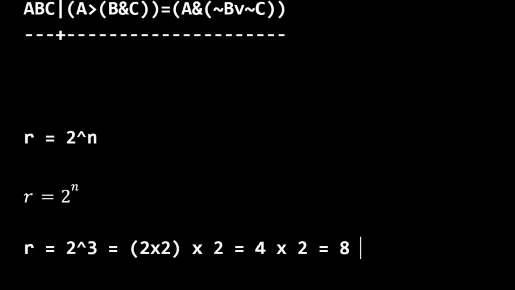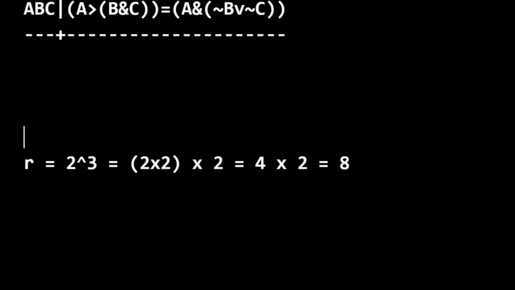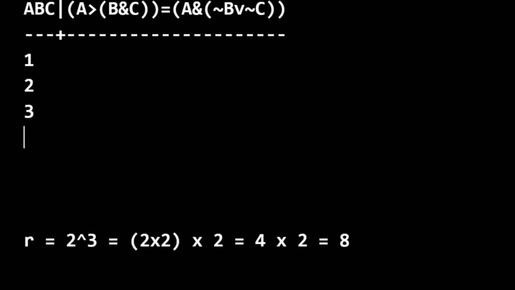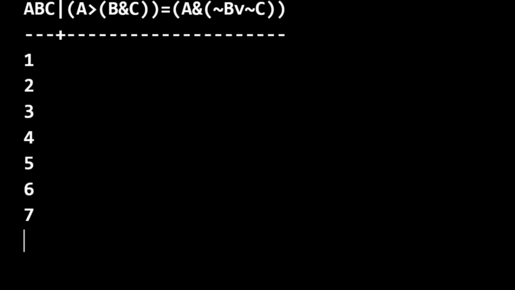All right. So we know from this formula that this truth table needs 8 rows. So let's go ahead and list the numbers 1 through 8 here so that we have 8 rows.